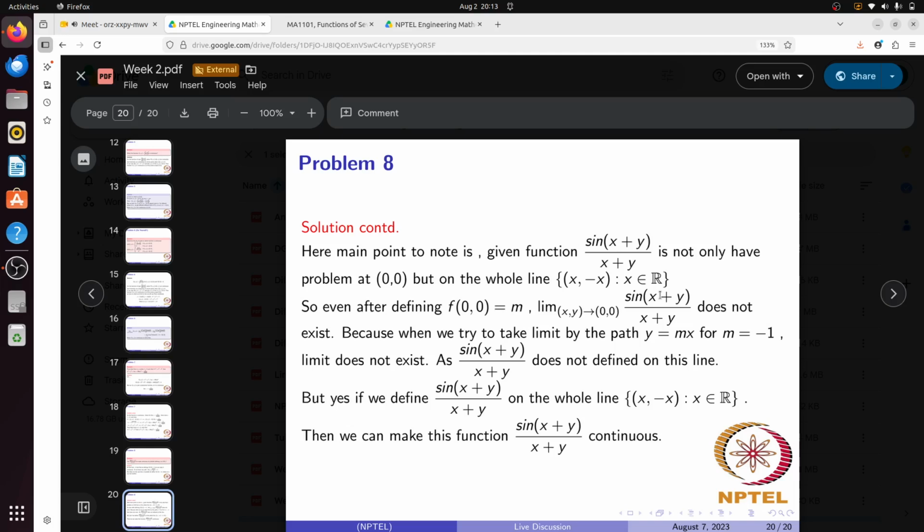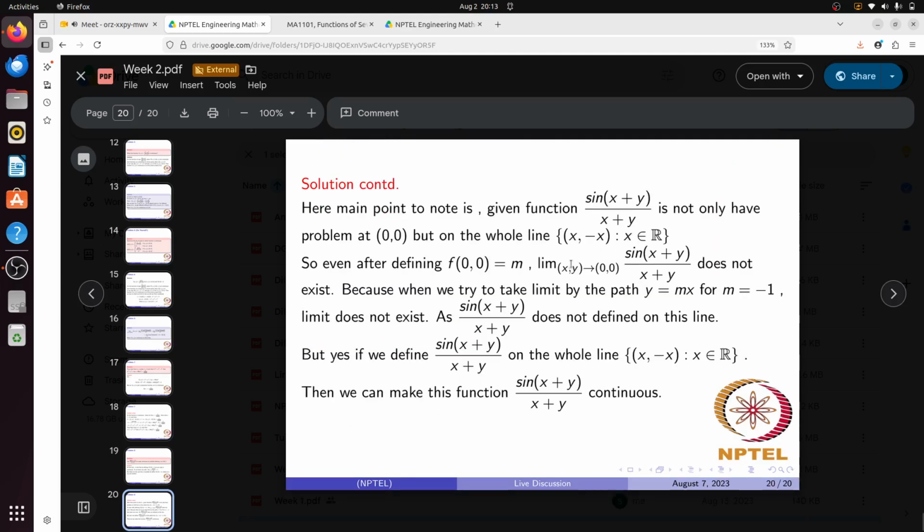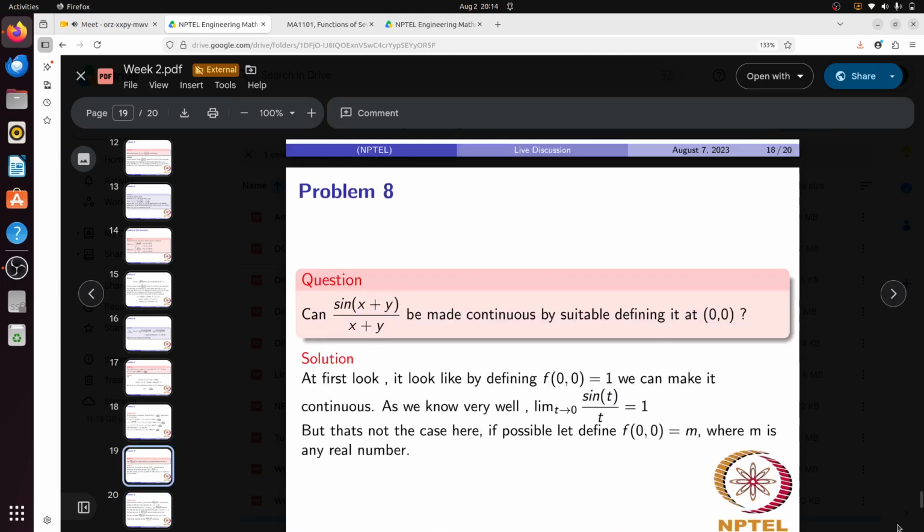But yes, if we define sin(x plus y) by (x plus y) on the whole line x plus y equal to 0, then we can make this function continuous, because the problem is not at sin t by t, the problem is here at x plus y. So what is your answer?